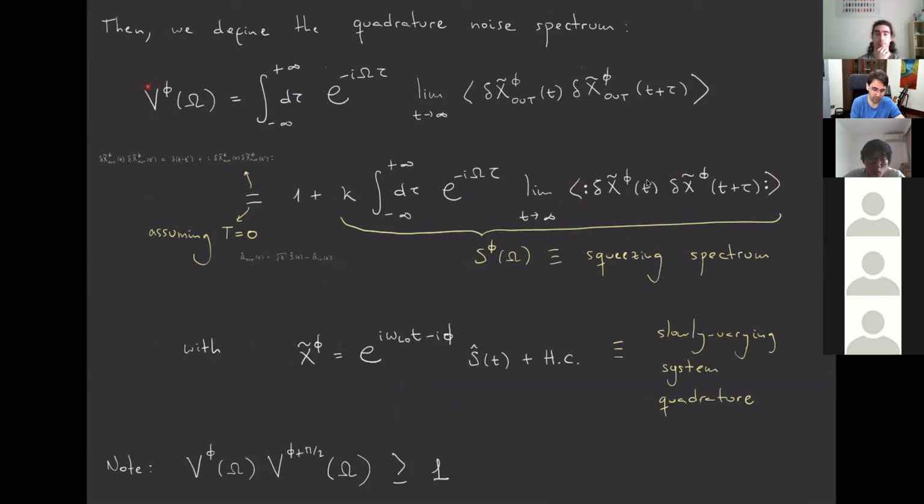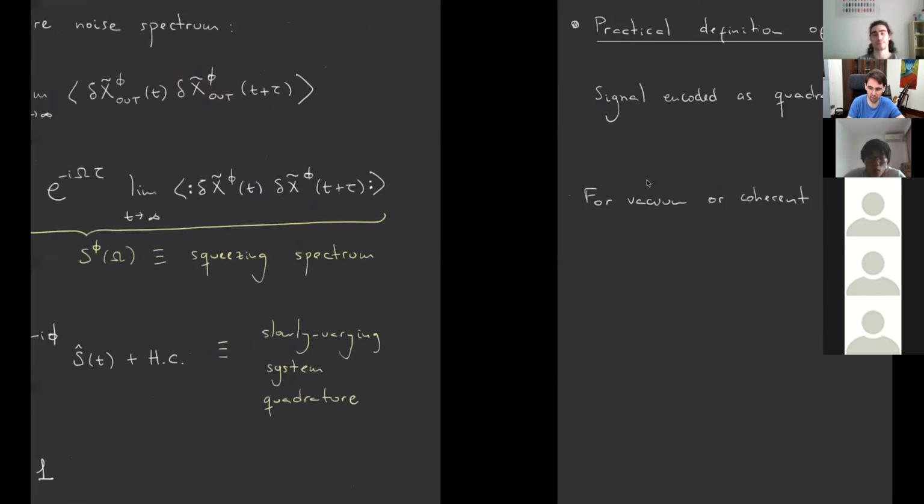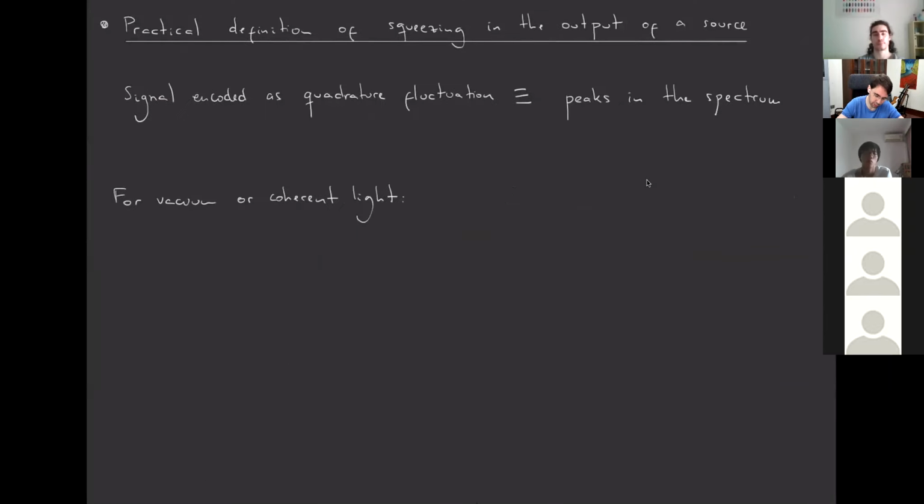So then the quadrature noise spectrum is equal to 1 for absolutely all frequencies, okay? So for vacuum or coherent light, you know that this quadrature noise spectrum is equal to 1 for all omega and phi.